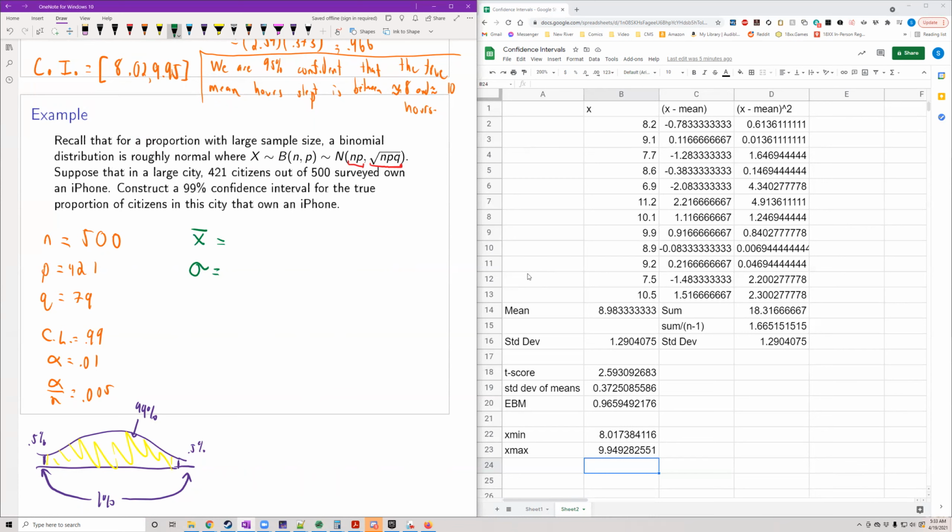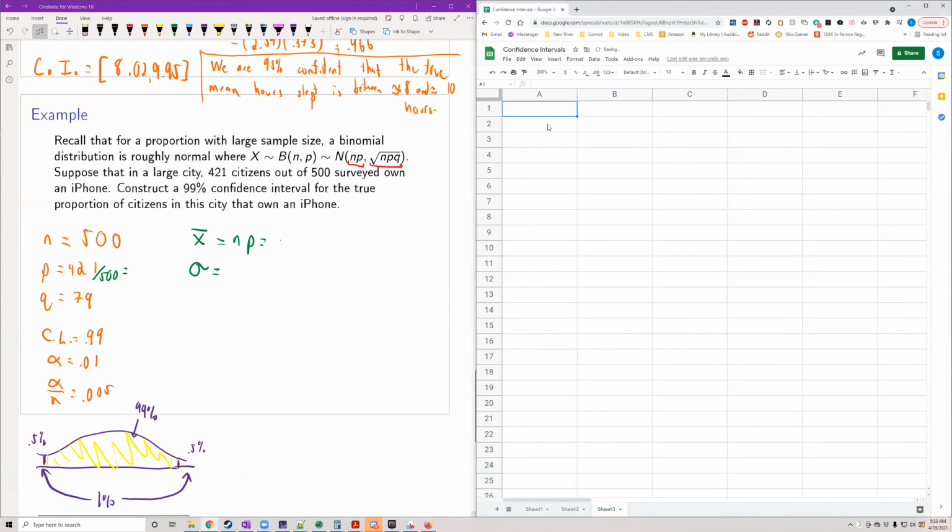Our mean is given by NP. So for P, this is not 421. It should be 421 over 500 because it's the proportion that was accurate. So we can plug that in. Let's make a new sheet. P equal to 421 divided by 500.